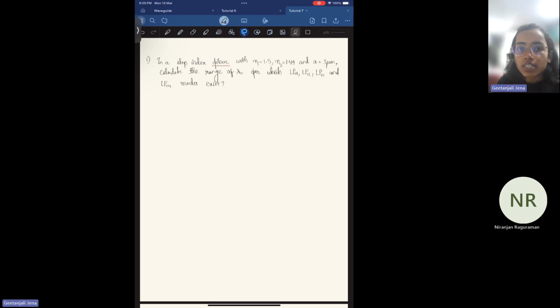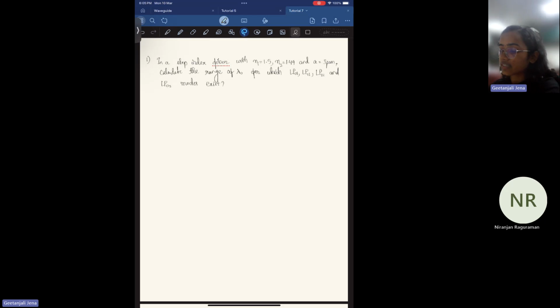Okay, so let me start. The first question says: step index fiber with refractive index N1 is 1.5, N2 is 1.49. The core radius is also given, which is 3 micrometer.